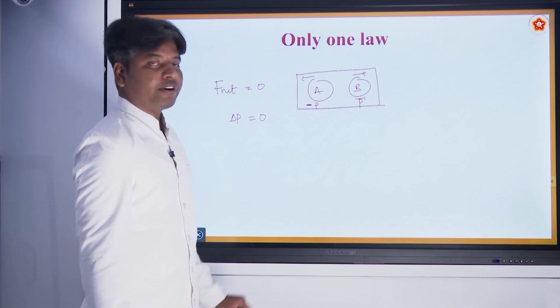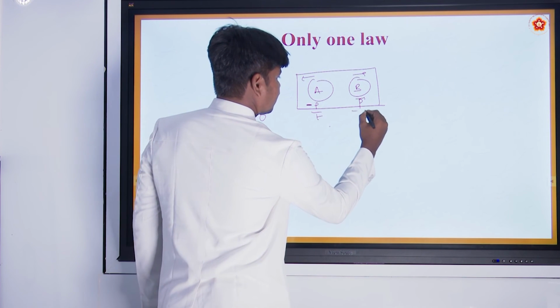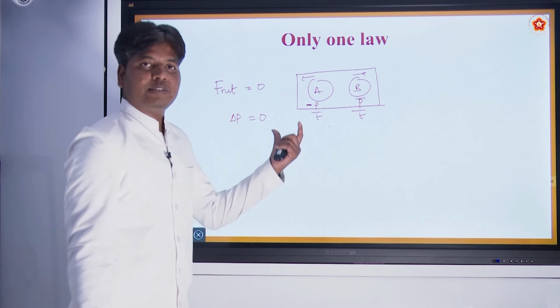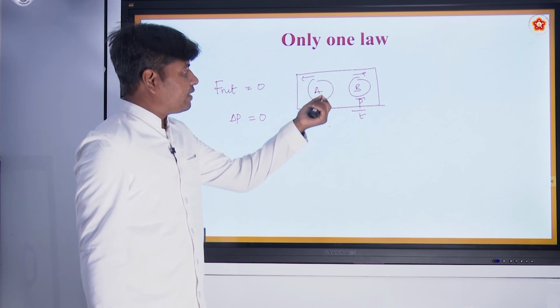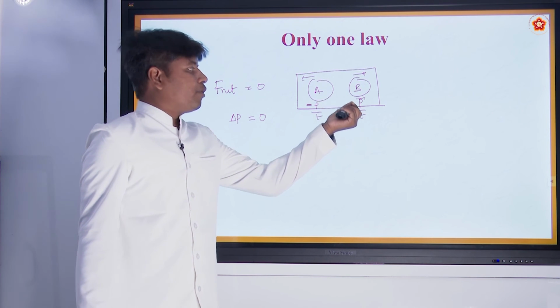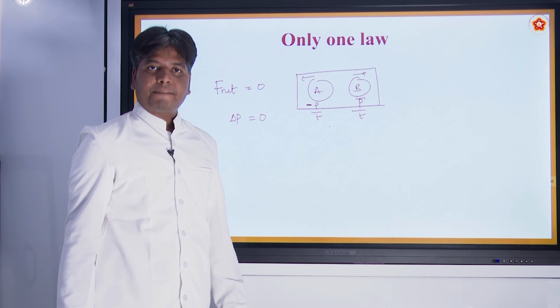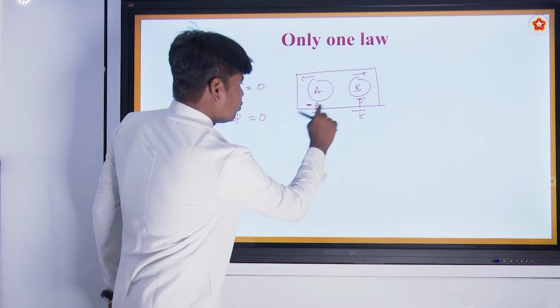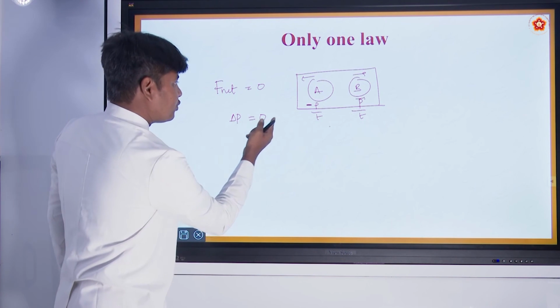In some time t, the change in momentum of body A is minus P. If the change in momentum of body B is plus P, then they should cancel, right? They need to add up to 0, because delta P should be 0.